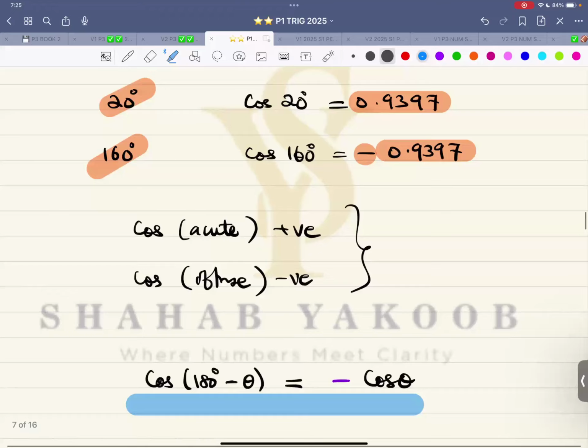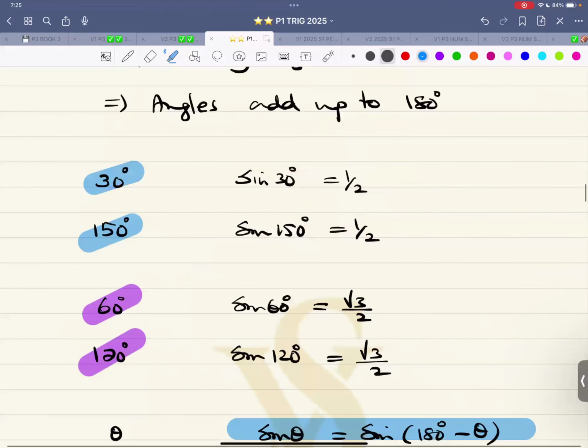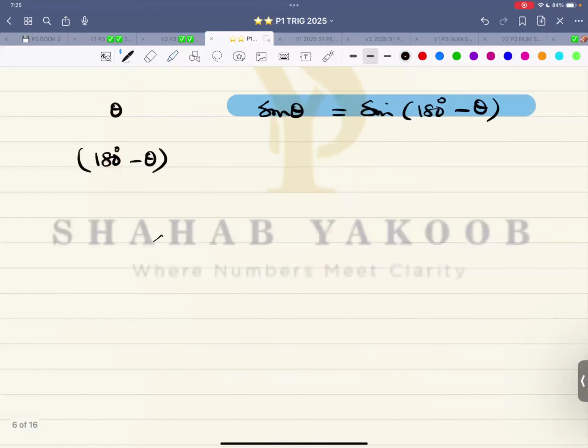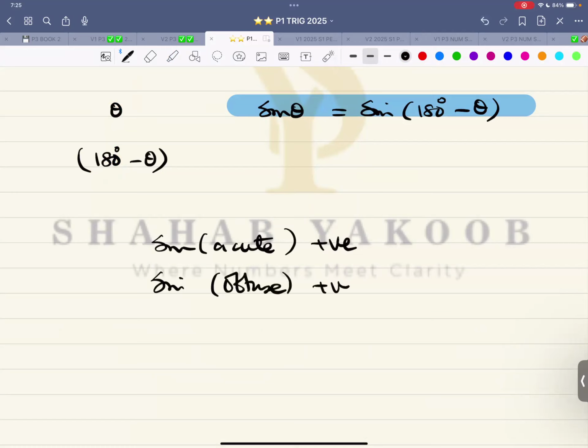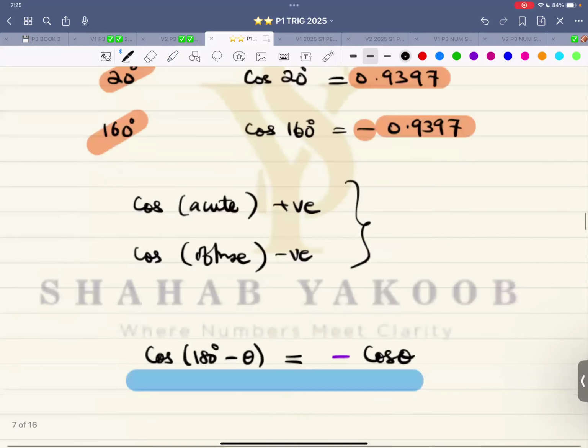Now double check. Only sine is such that sine of acute and sine of obtuse are the same. They both are positive.